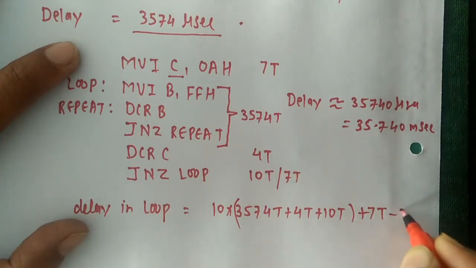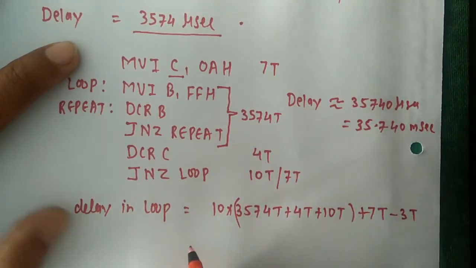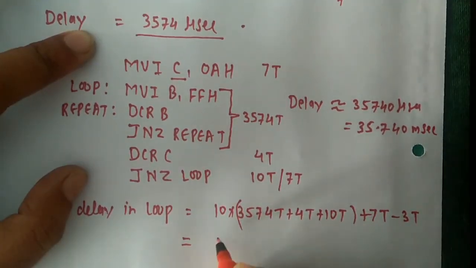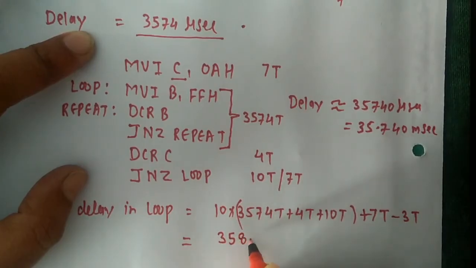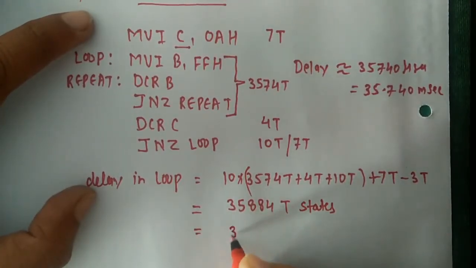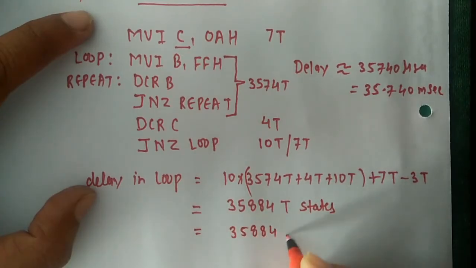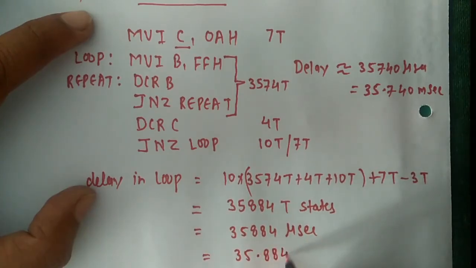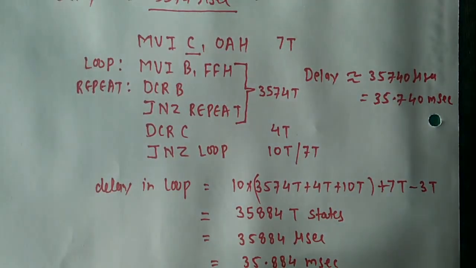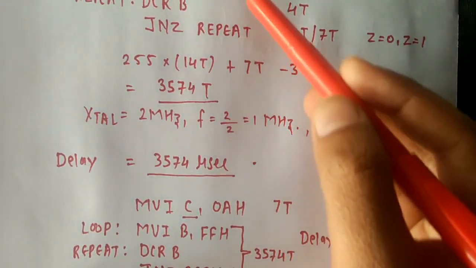So to take care of that, we will subtract 3 T states from the overall value, and on calculation we will get 35884 T states. On putting the value of T states, this will be equal to 35884 microsecond, or you can write it as 35.884 millisecond.